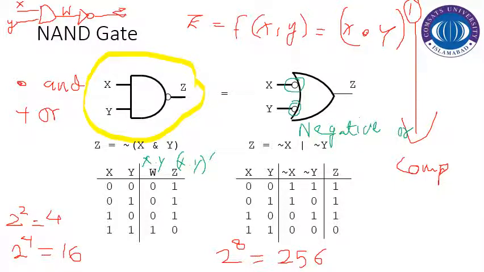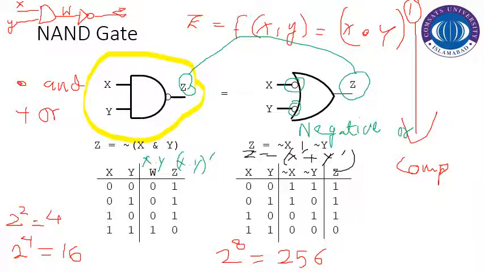If we invert our inputs and then construct the OR operation, then the result produced by this gate is equal to the result produced by the NAND gate, and we can verify this from the truth table. As far as the expression is concerned, we can represent it as Z equals X prime or Y prime.